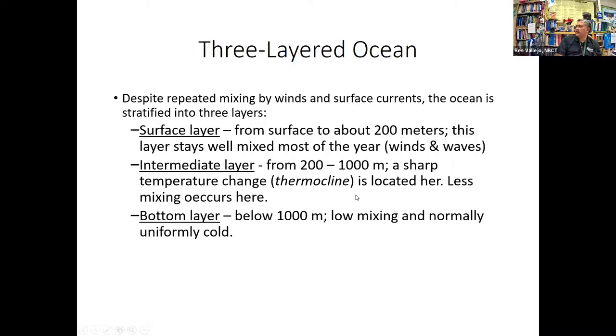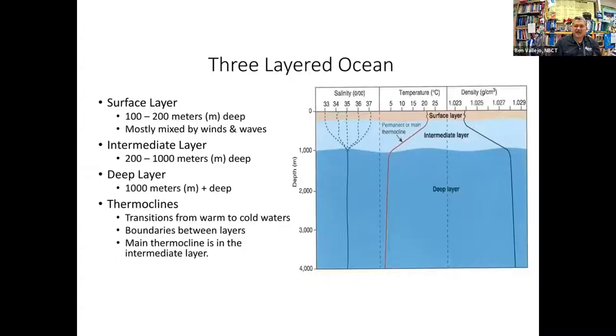So this is in meters, but it's about 3 feet in a meter. So 36,000 feet down, that's pretty deep. Okay, if you take a look at this diagram right here, this shows you how these three things change in the different layers.